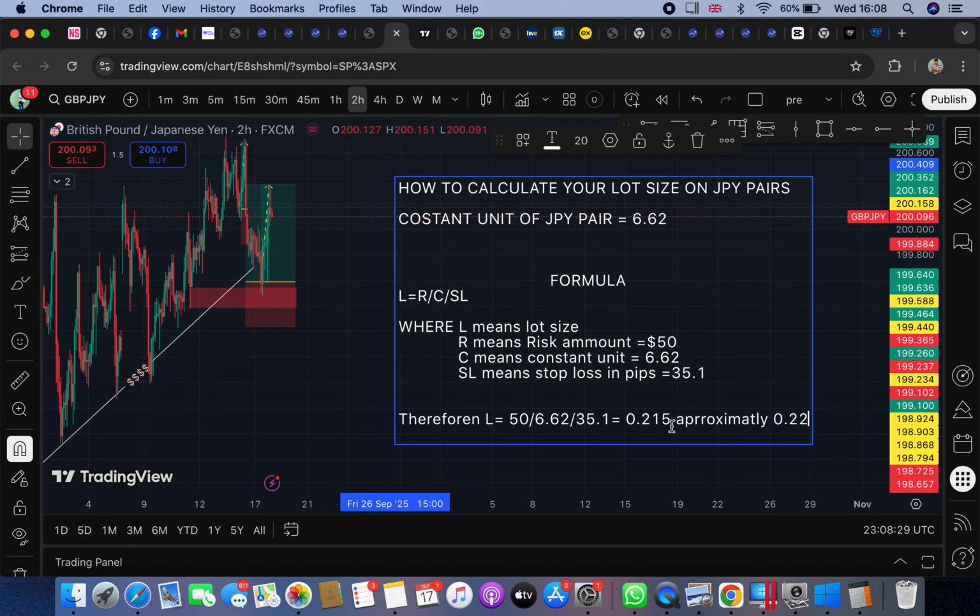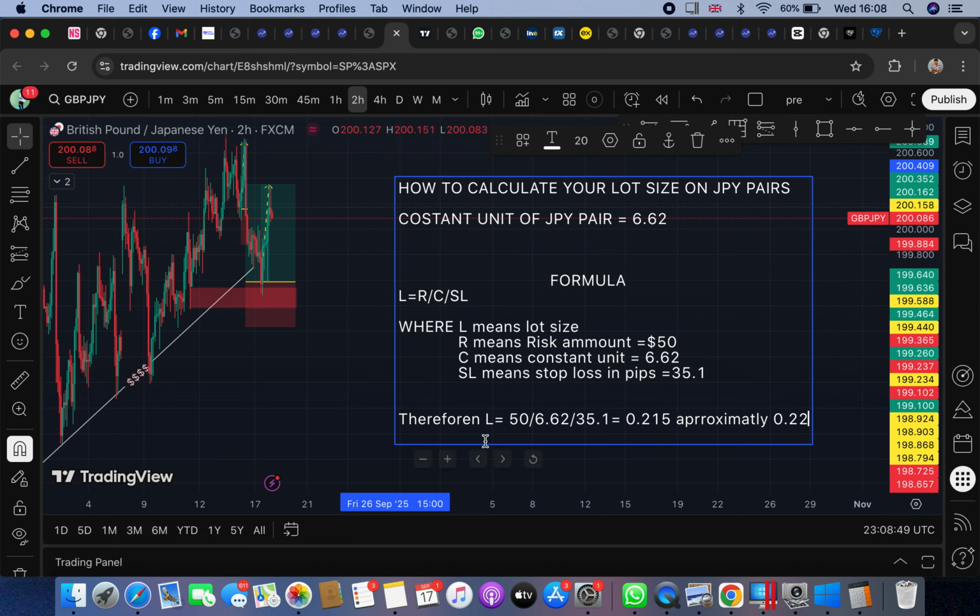The 0.22 was gotten by approximating the 5 up to this digit here, because you can't put the full number. Once you approximate the 5, it becomes 1, and once you put it here, 1 plus 1 is 2. So that is how we got these 2.